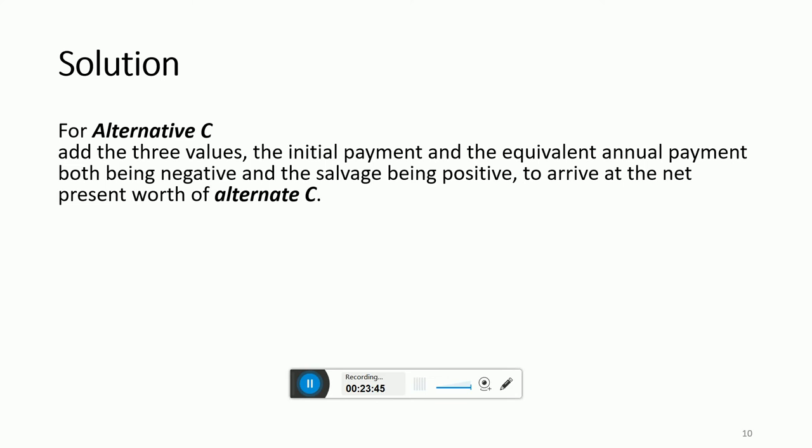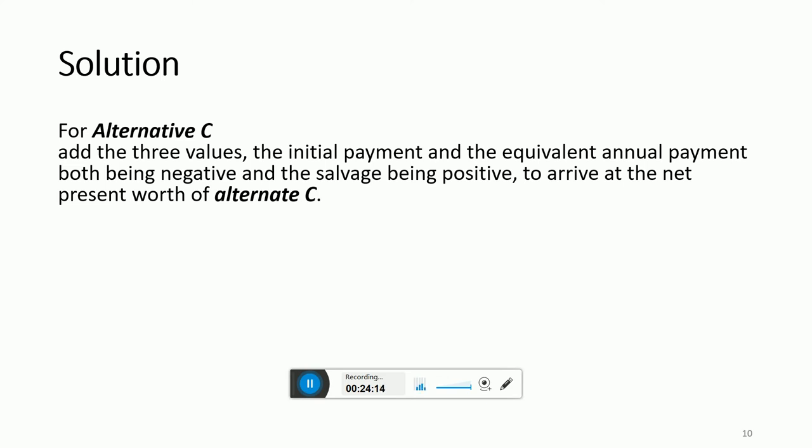So we will use the uniform series present worth factor for the future payments, the 4,500 each year at the end of each year. And for the salvage value, we are going to use the present worth compound amount factor.